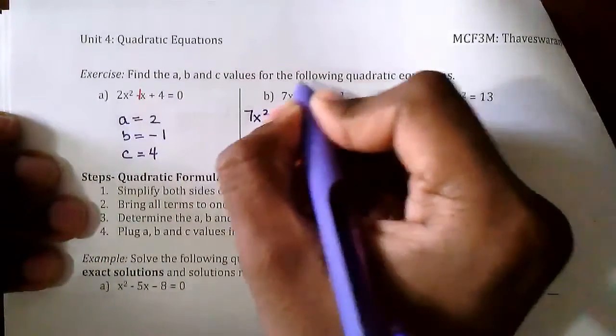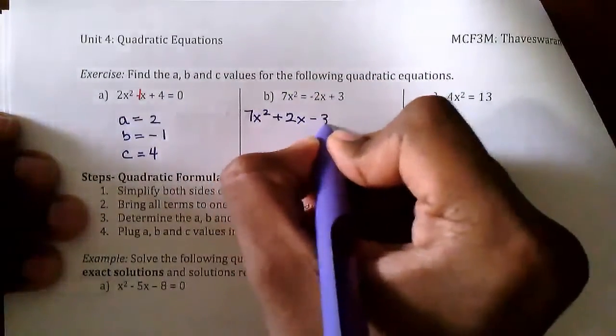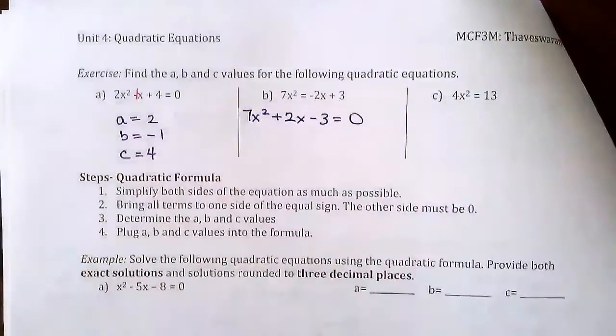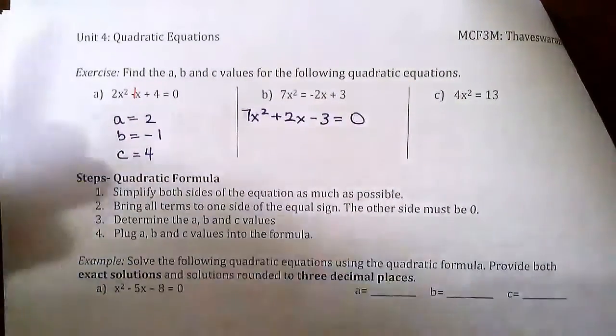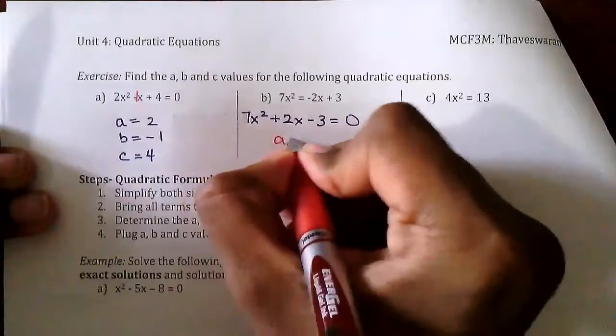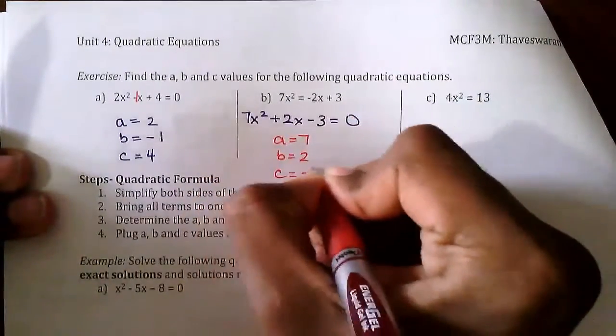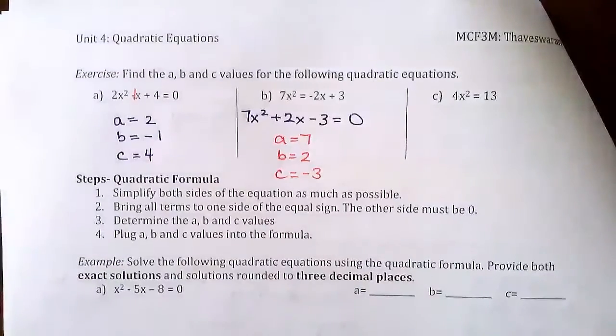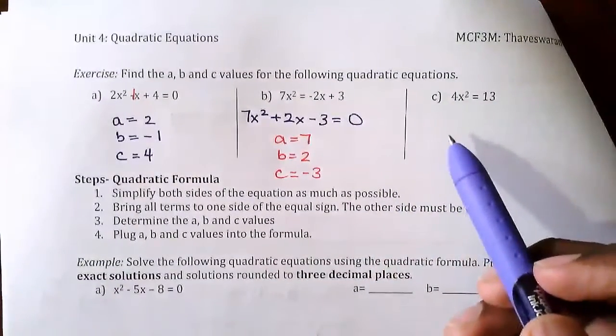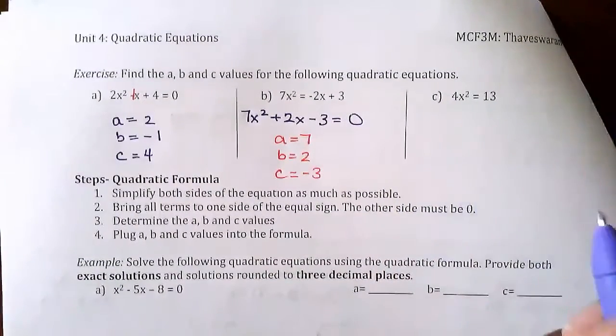When I have a positive 3 and bring it over, it's negative 3, which equals 0. And now I can name my a, b, and c. So a is 7, b is 2, and c is negative 3. Pause the video, try this one yourself, and then see if you got it right.